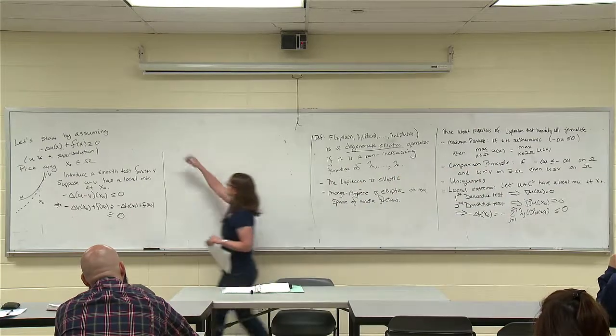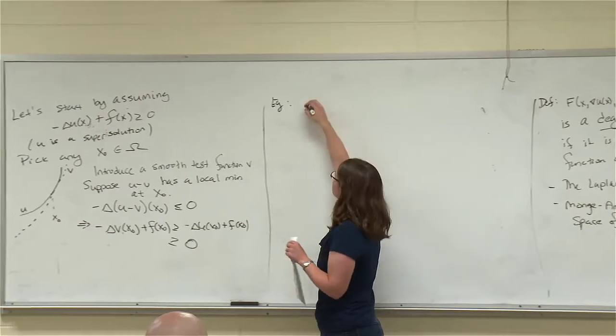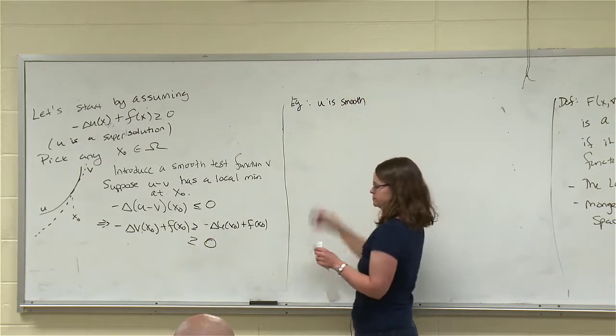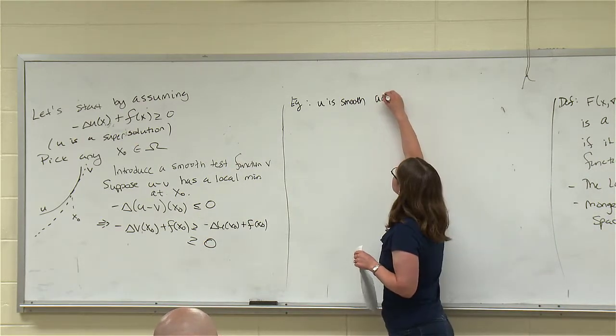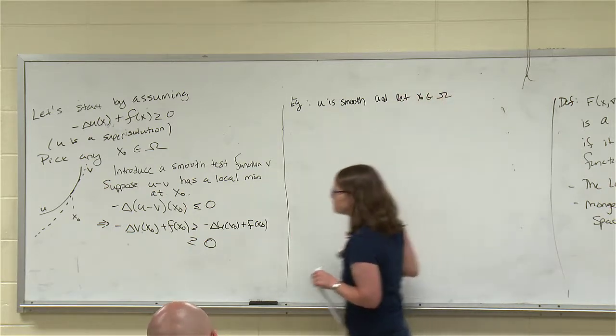So here's an example. Let's suppose u is smooth, and let x naught be any point in omega.